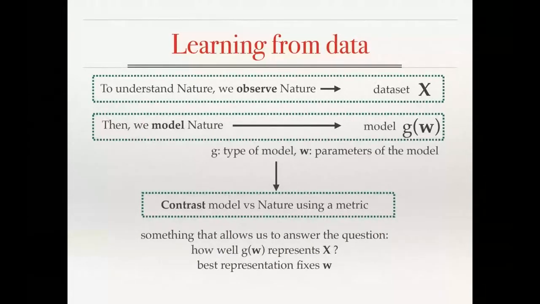This model can be of many types. It can take inputs and deliver outputs. And the parameters of the model, how we set the coefficients that bring from inputs to outputs, we are going to call them with the letter W.